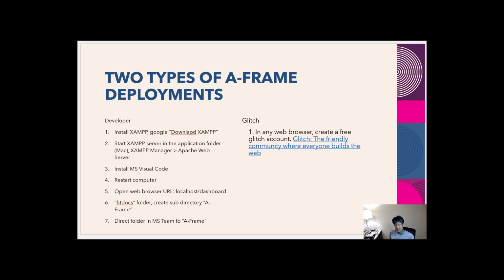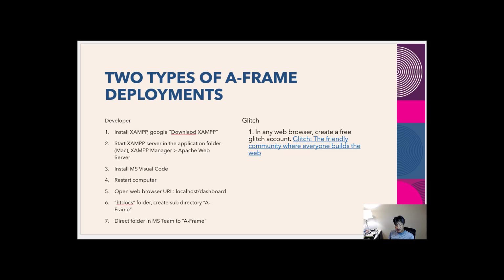The third step is you need to have some sort of IDE, some sort of editor. Industry uses what's called Visual Code, Microsoft Visual Code. After you do all of these installations, you start the server. You need to restart the computer so it picks up all the changes. Open up your browser.